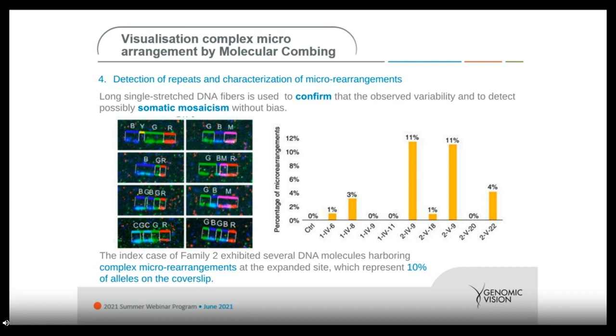This brought us to find that the micro rearrangements can represent 10% of the alleles on a coverslip, and this is the strength of our resolution. So with molecular combing we have the precise measurement and also a precise quantification of complex rearrangements that can happen in a specific disease or in a specific case.